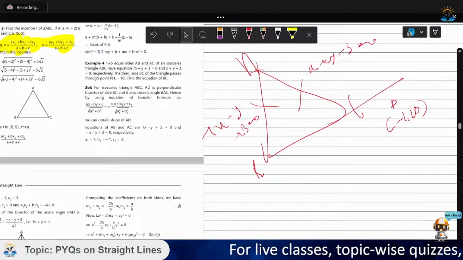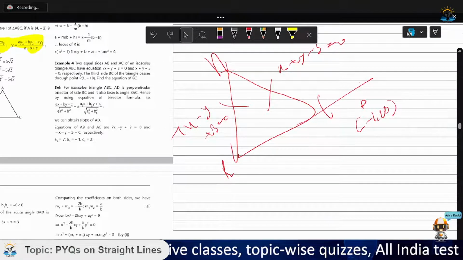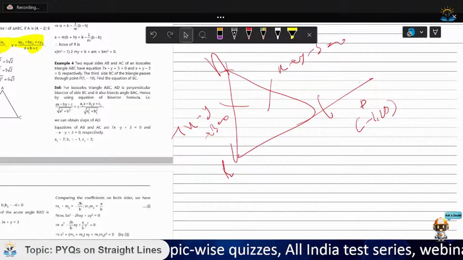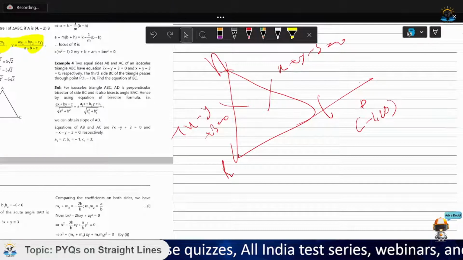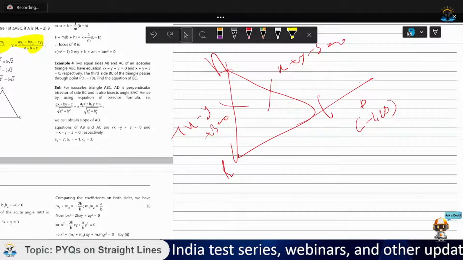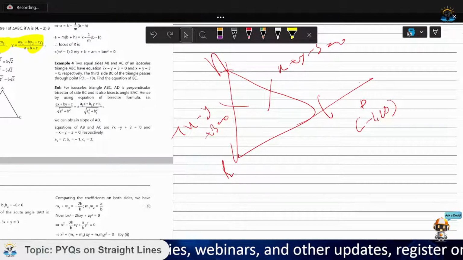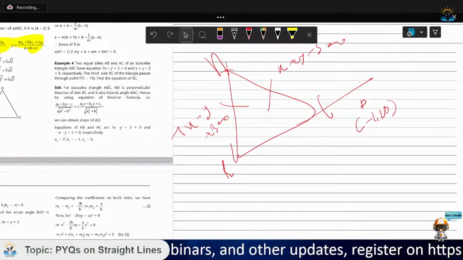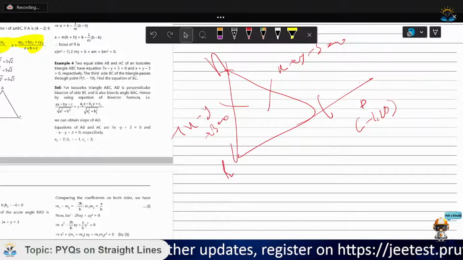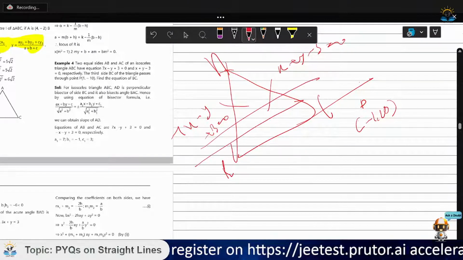Okay. So a line, first of all, first let us calculate. One thing that we know is that it could be any line like this, right?